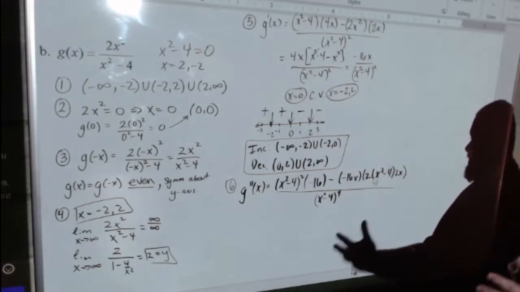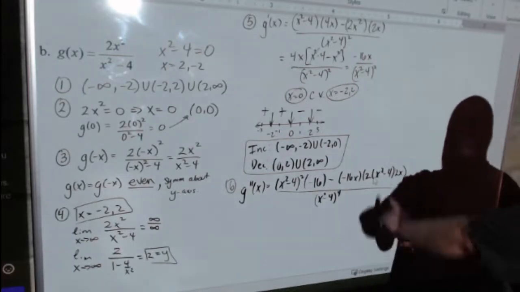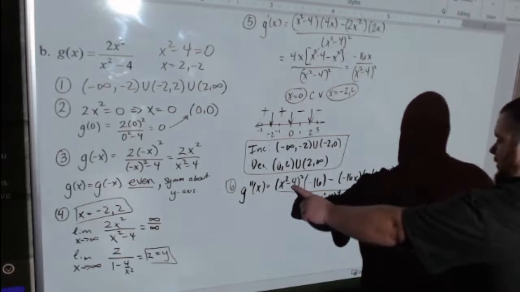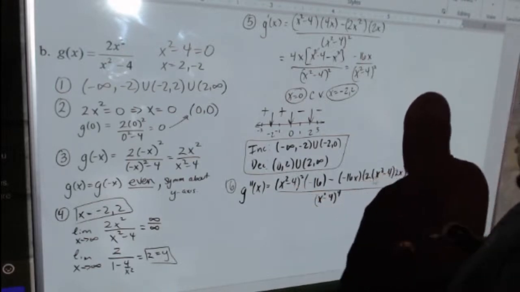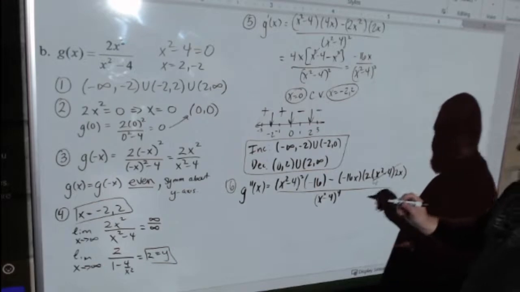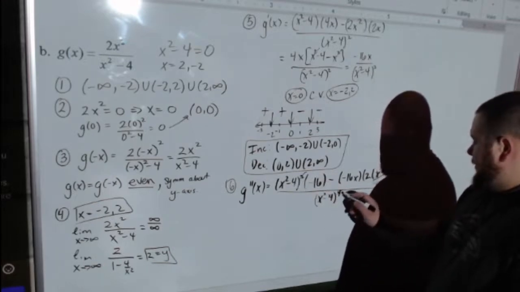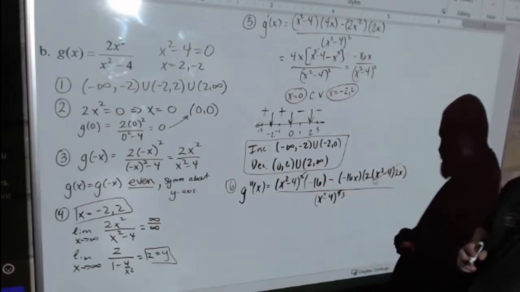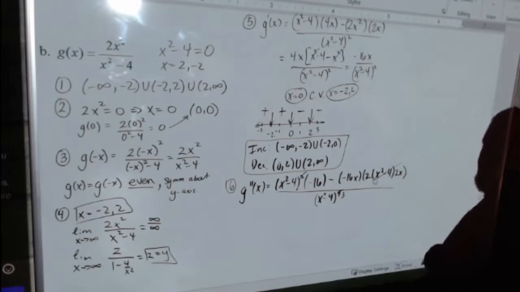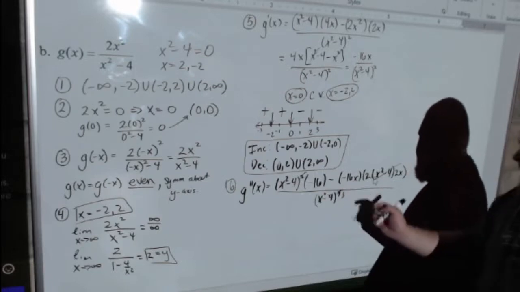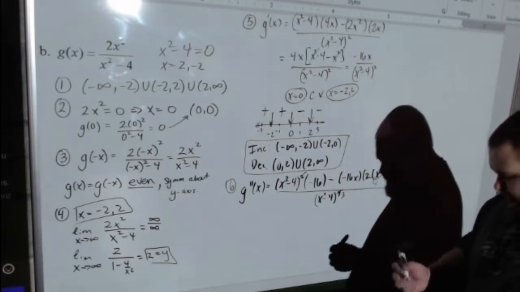Same trick as we used last time. I've got an x squared minus 4, x squared minus 4, x squared minus 4. Get rid of this one, get rid of one of those, get rid of one of those. Then I've got a negative 16 in everything, so I'm going to factor it out.